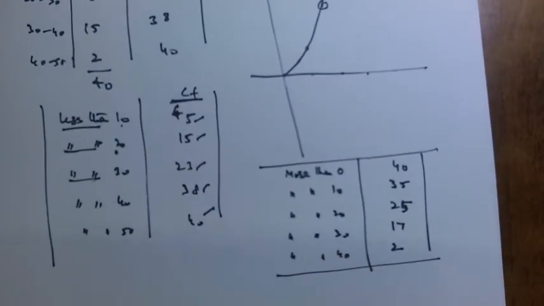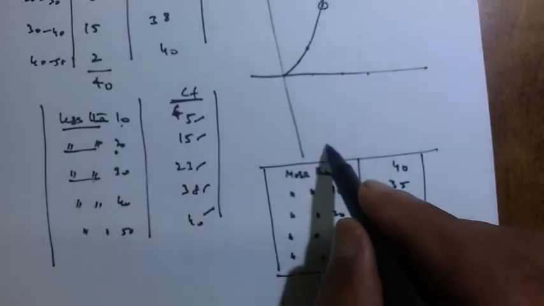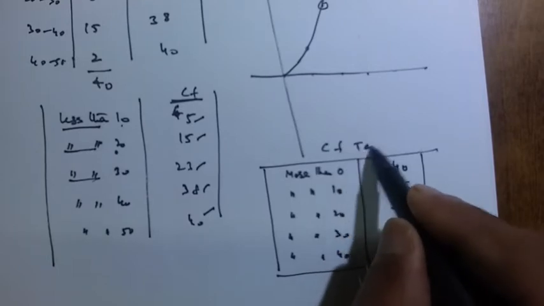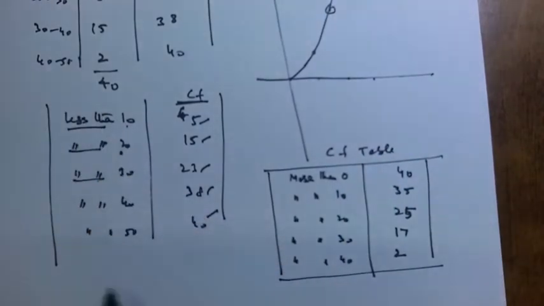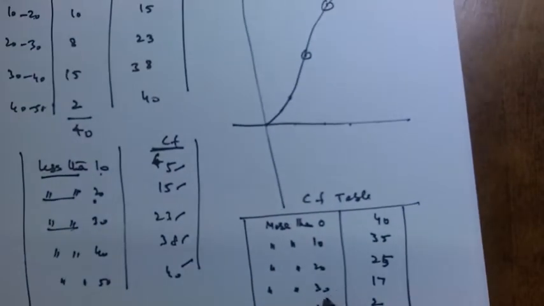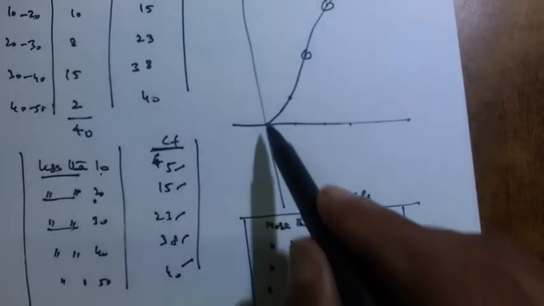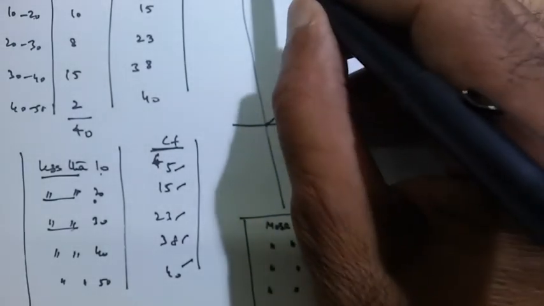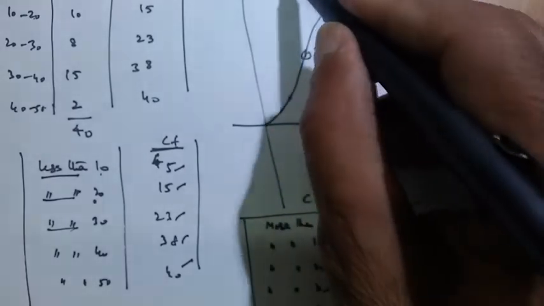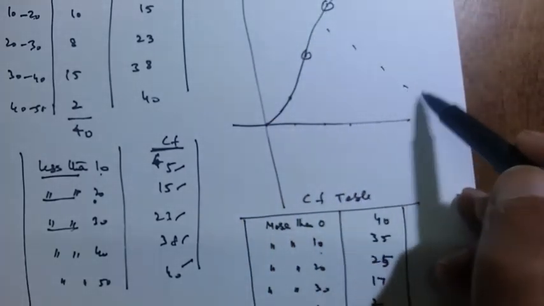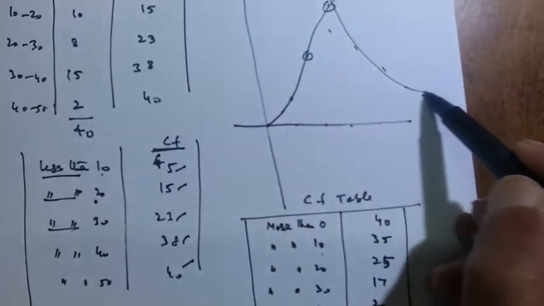The frequency is a more than. We can write the cumulative frequency distribution in two forms, either in less than form or greater than form. When I plot the greater than form, I get 0 and this is equal to 40 here, and 10, 35 here, and like this I make the graph. This is a greater than graph, the more than one.